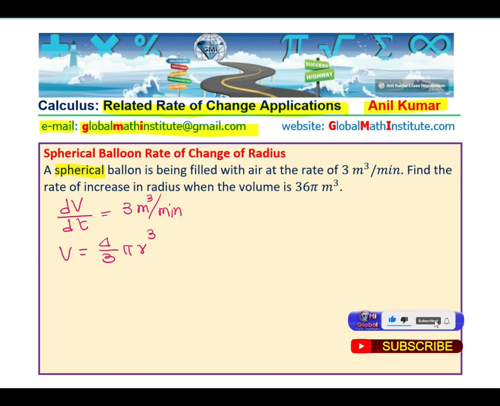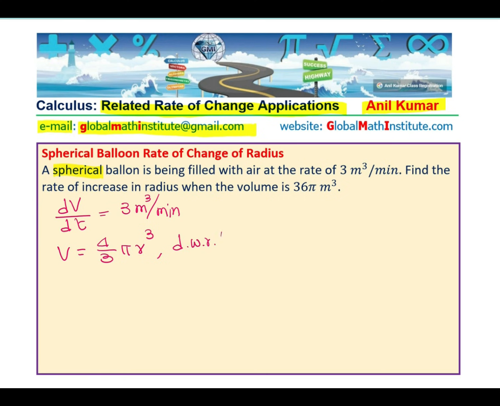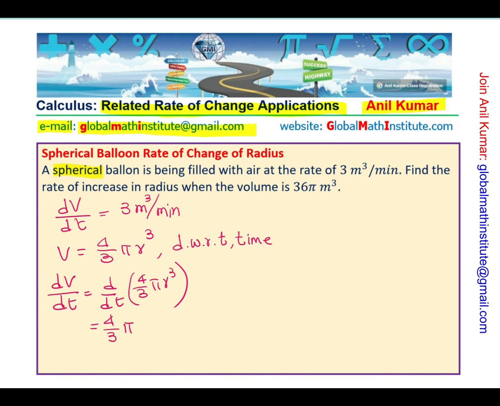Now, if I differentiate with respect to time, we get dV/dt equals d/dt of 4 by 3 pi r cube. Now 4 by 3 pi is a constant, so we get 4 by 3 pi outside the bracket. R cube derivative will be 3 r square.